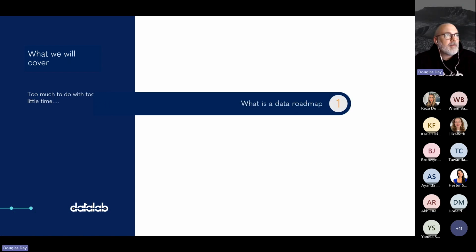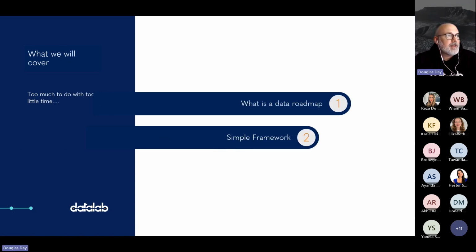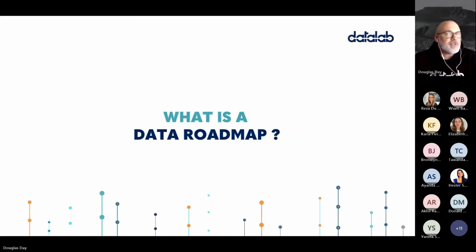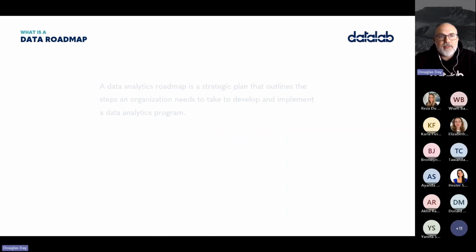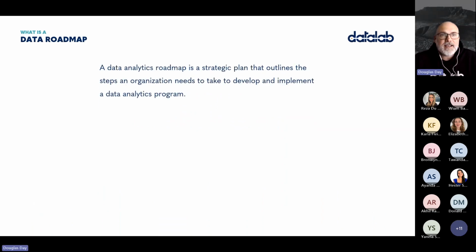We're going to start by looking at the data roadmap and then explore a simple framework. So what is a data roadmap? I'm going to start off with this definition. A data analytics roadmap is a strategic plan that outlines the steps an organization needs to take to develop and implement a data analytics program.